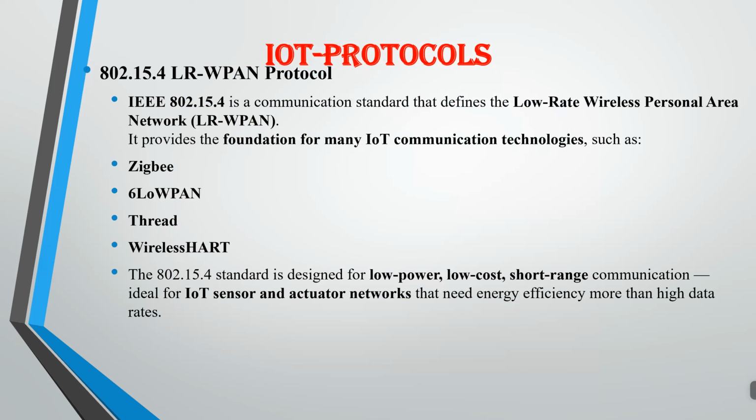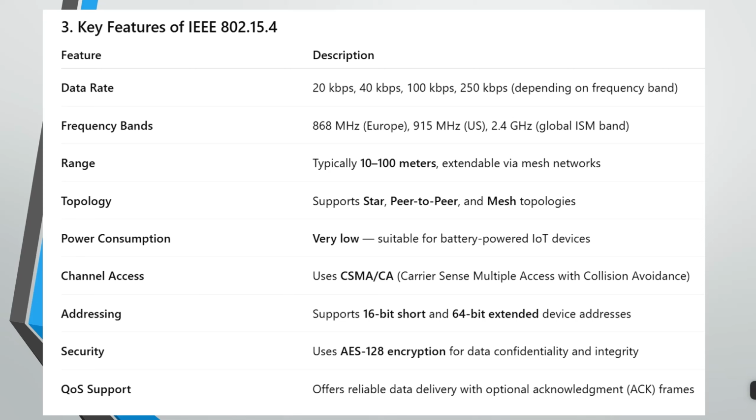So we use this communication for Zigbee, 6LoWPAN, Thread, WirelessHART. So these are all the various protocols which are making use of 802.15.4, but currently these are not used for outside long range communication, but definitely they are used for very small networks which we call personal area network protocols.